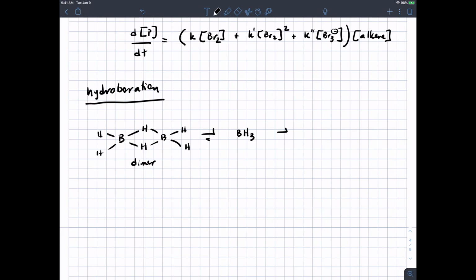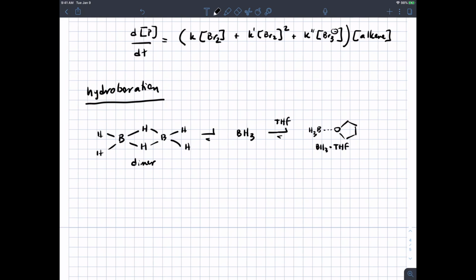Often, though, if your solvent is an ether, which is frequently the solvent used for these kinds of things, you form a Lewis acid-Lewis base complex between boron and the ether oxygen. We can call this BH3·THF. It's a Lewis acid-Lewis base reaction.